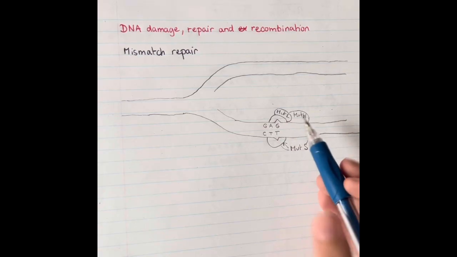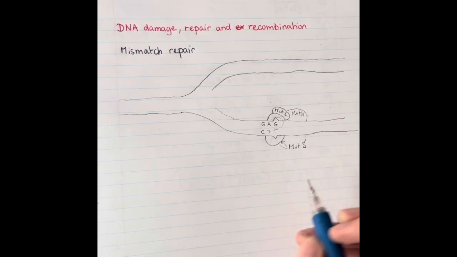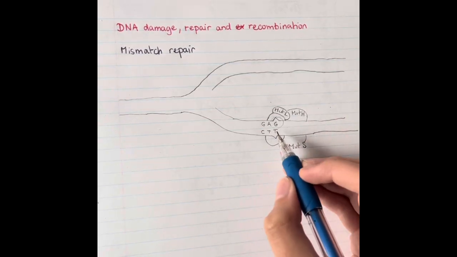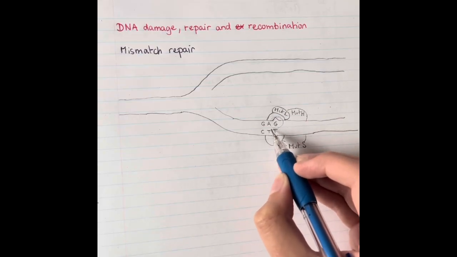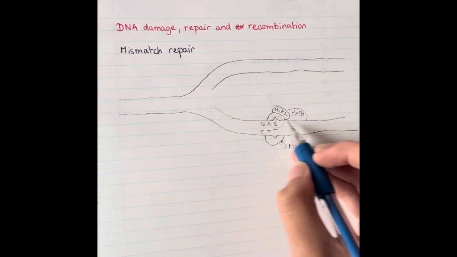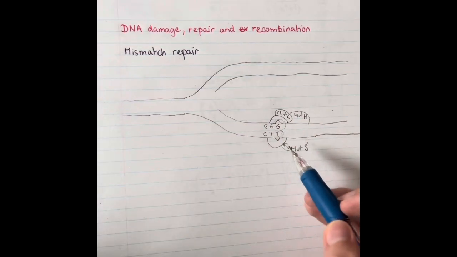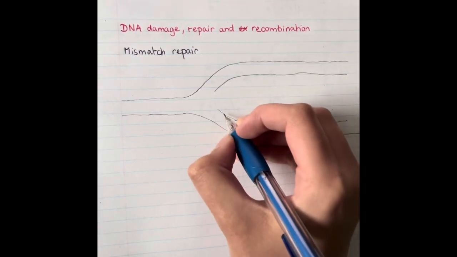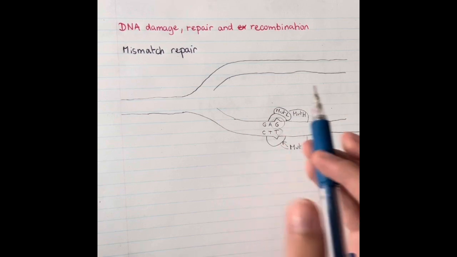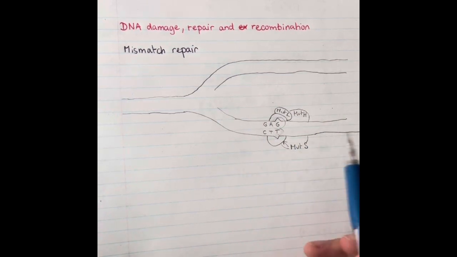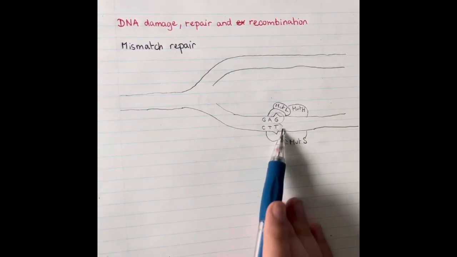Basically the role of this complex is that they want to take this out, right? But they need to do it without harming the parental strand, because this is the only strand that is being replicated. If they were to change the parental one, all the other DNA that gets replicated would be mutated, and this cannot happen.